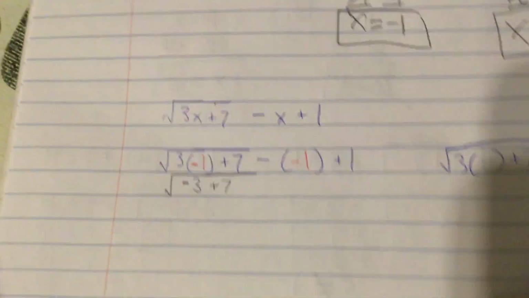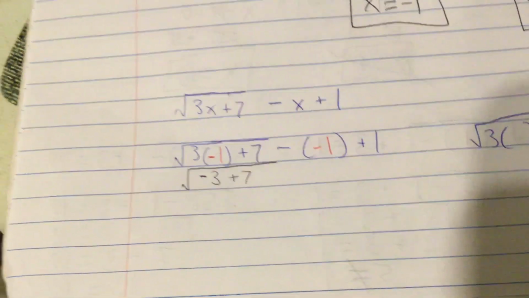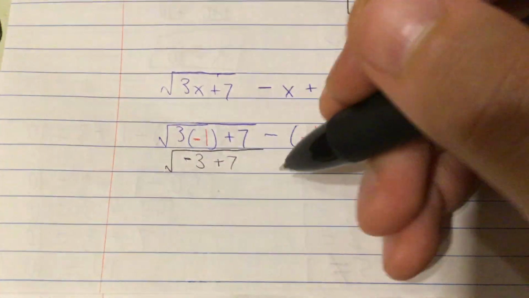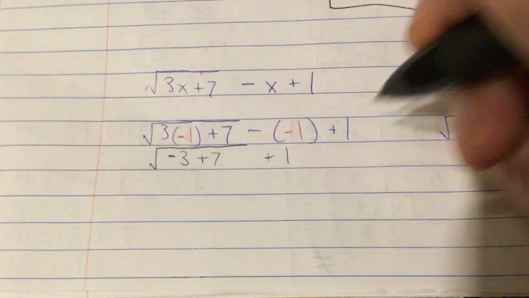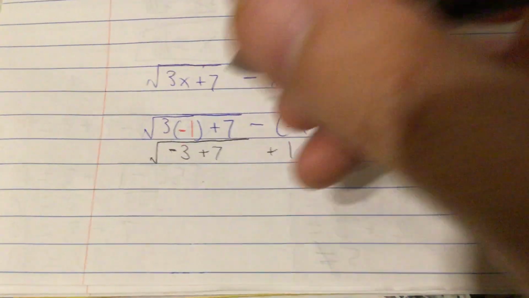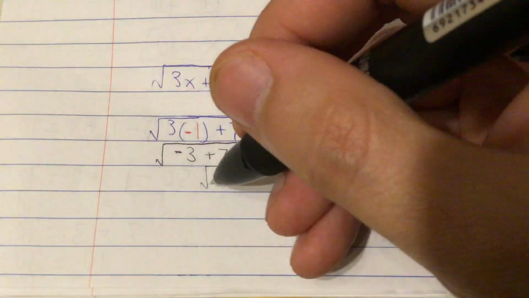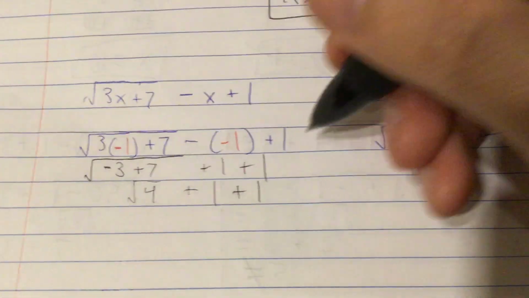Let me improve the focus of this camera. Sorry about that. There we go. Radical -3 plus 7. Double negative right there. Plus 1 plus 1. And that's going to be the square root of 4, plus 1 plus 1.